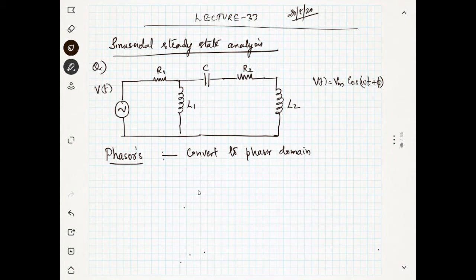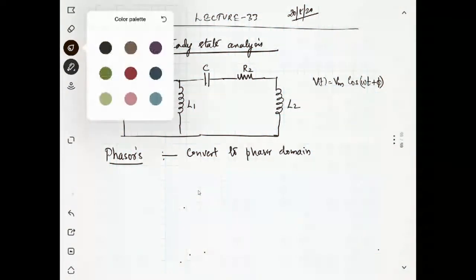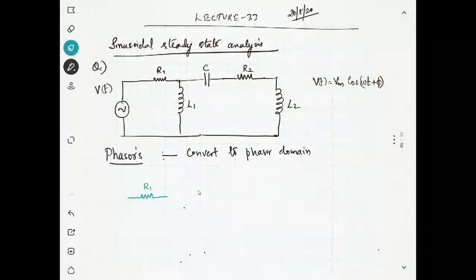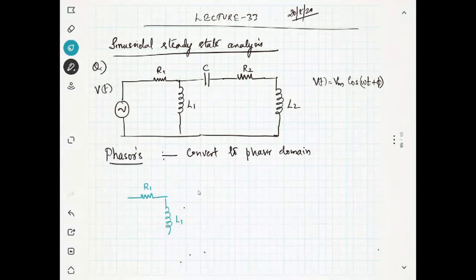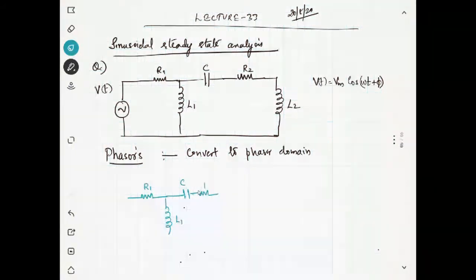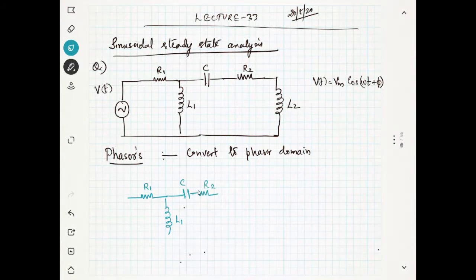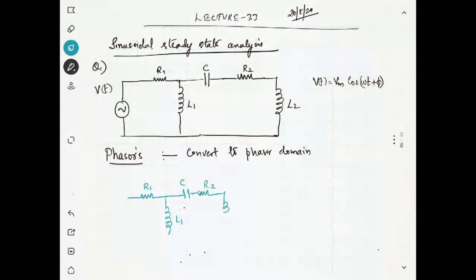What will be the voltage phasor? I will draw the circuit. This is R1, then there is L1, a capacitor, and R2 and L2. So it is an RLC circuit connected in a different way.